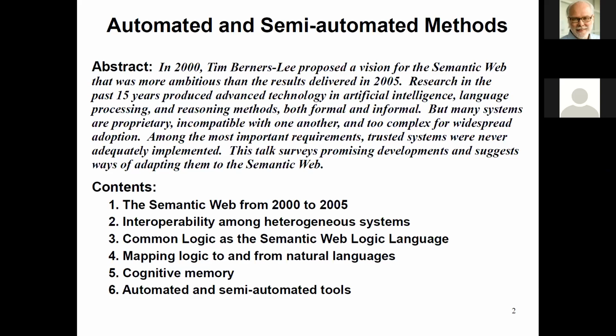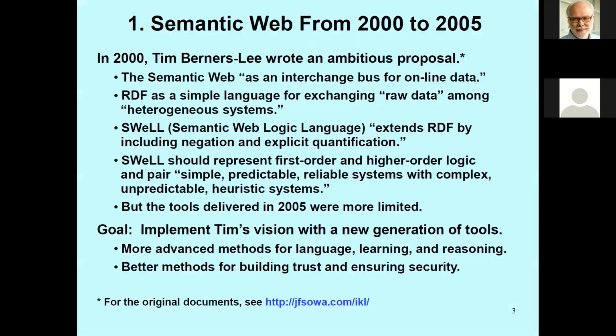Then I'll talk about mapping logic to and from natural languages. Then I'll talk about cognitive memory and automated and semi-automated tools. So there's a lot of things that I'll talk about, and I won't be able to spend much time on any single slide. Now, the first thing, the next slide, slide 3, talks about the semantic web.